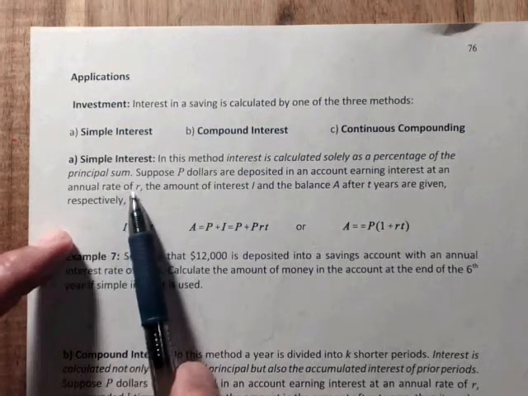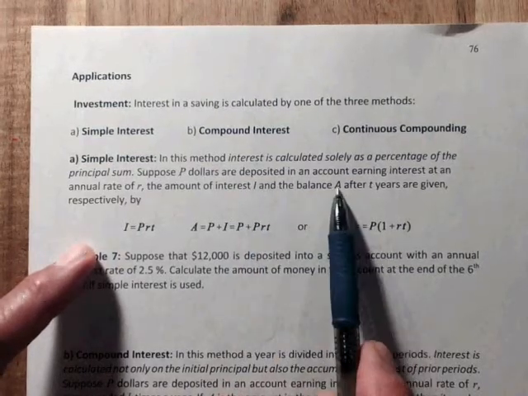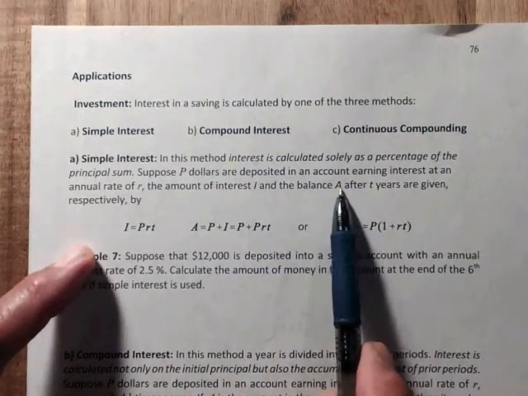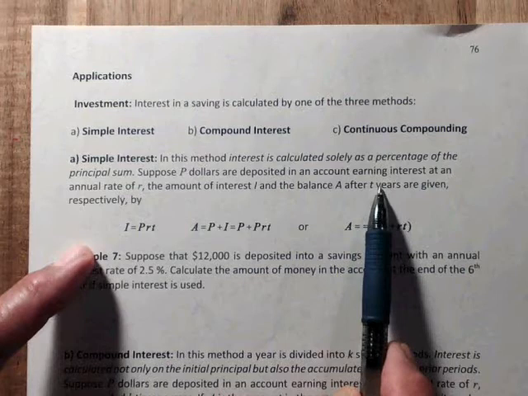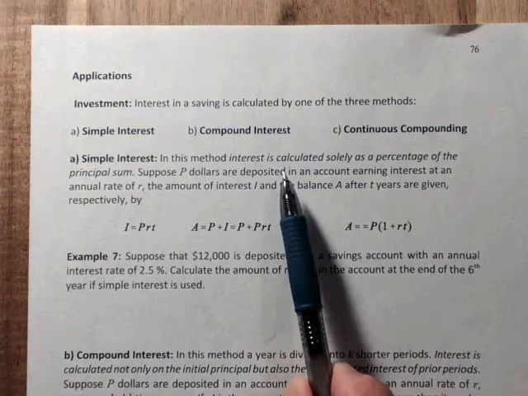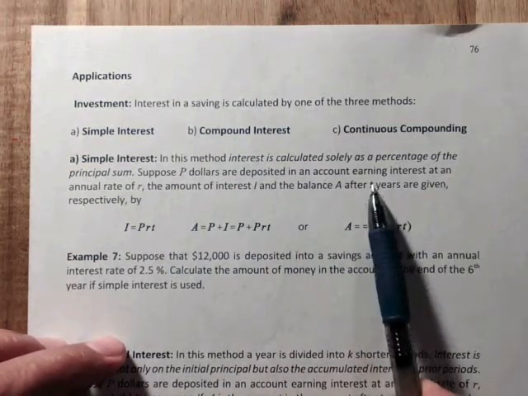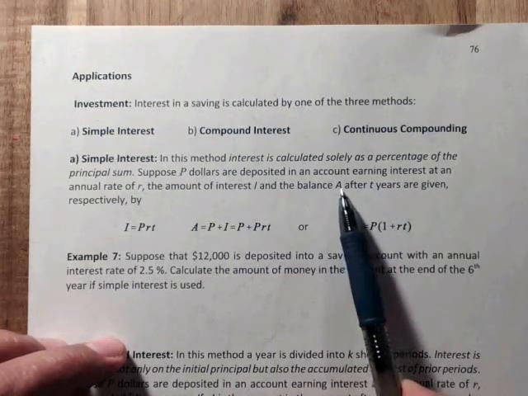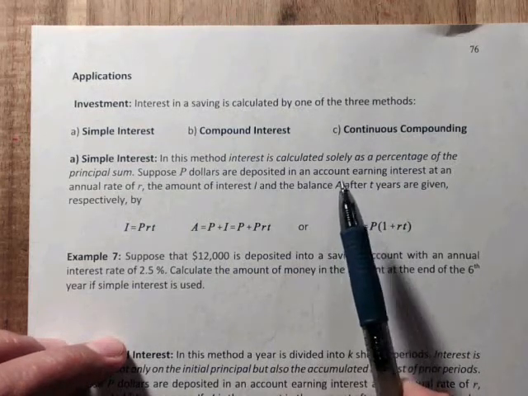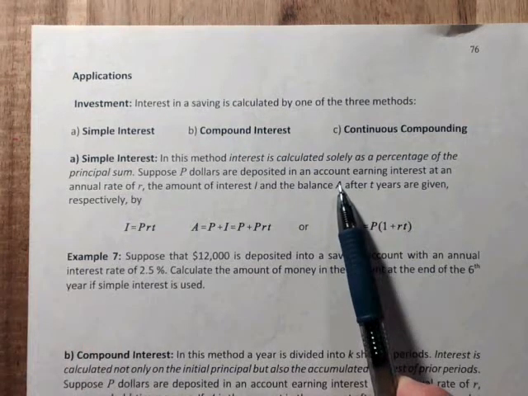A is the balance after T years. So you put P dollars in an account that pays R% every year for T years. Then at the end of the Tth year, A is the money that you have, your balance. How much money do you have? That's definitely more, because it's accumulating interest.